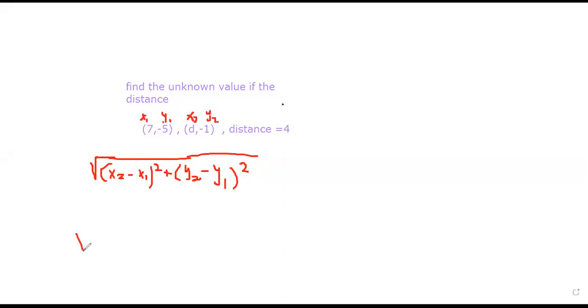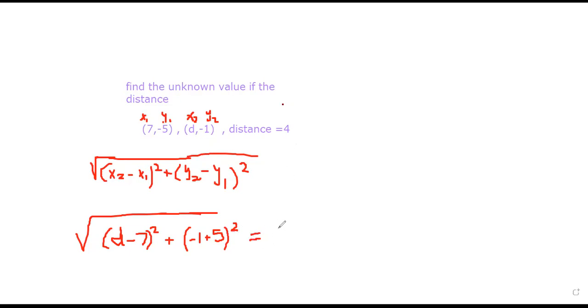Then we will substitute: d minus 7 all to the power of 2 plus negative 1 minus negative 5, which means it will be plus 5 all to the power of 2. This is equal how many?